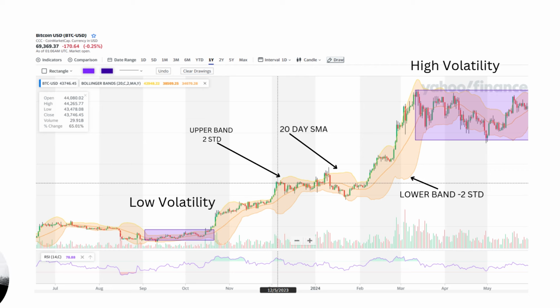On the other hand, on the right side of the chart, you see what is labeled as high volatility. And there you see price movement a lot more volatile, with wide swings or wide movements, a lot more aggressive movements between the upper band and the lower band. There you can say, hey, the prices are extreme, the swings are aggressive, and the price movement is volatile.